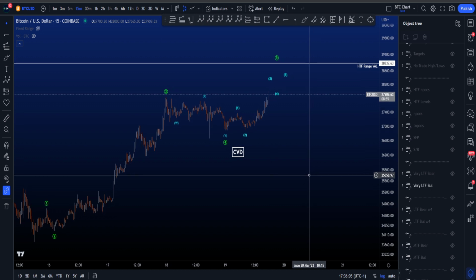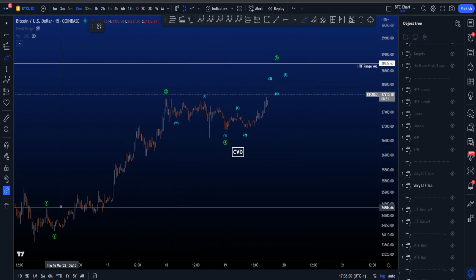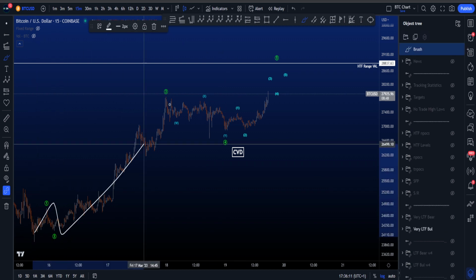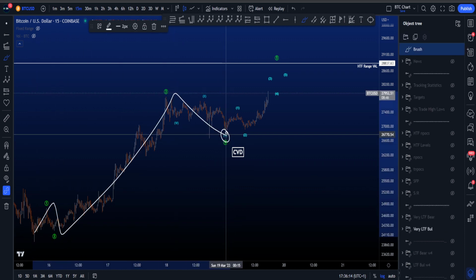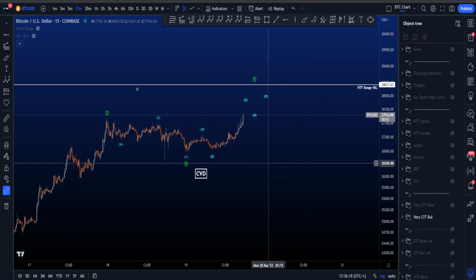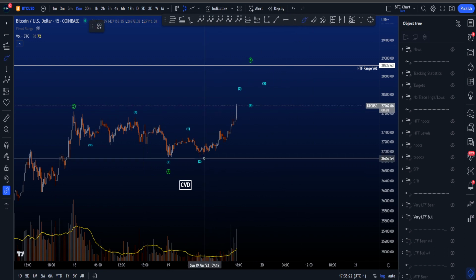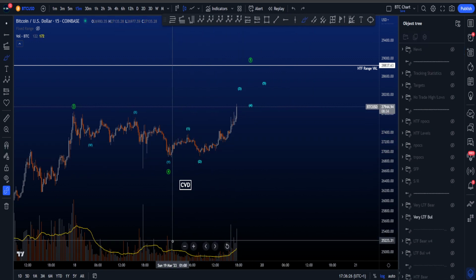Then we go to the very, very low time frame scenario. This could be 5, but let's stick on the 15. 1, 2, 3. In this scenario, wave 4 is already finished, and this is then a wave 1, 2, and we are currently working on 3. If I open the volume, you can also see that the volume is very nicely increasing with this move to the upside. Over here, during this wave 1, volume is very low.